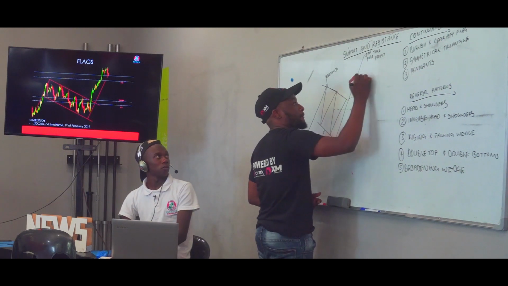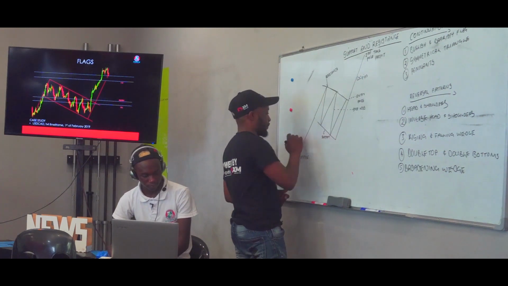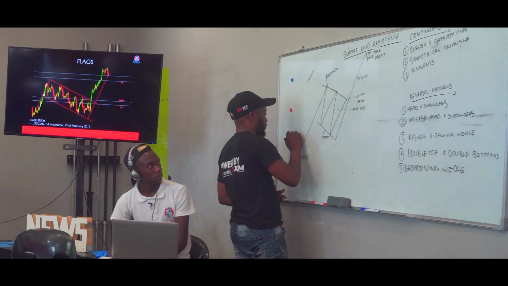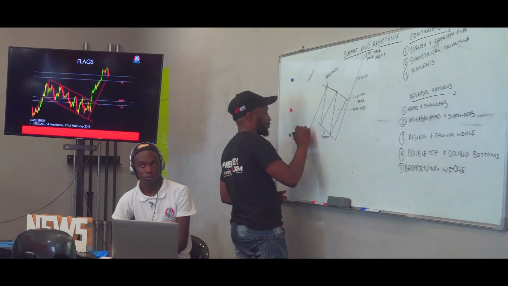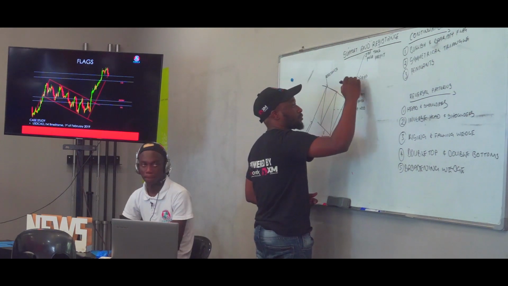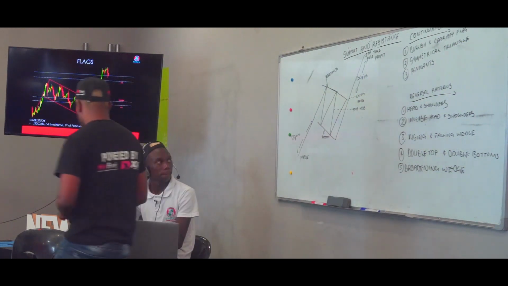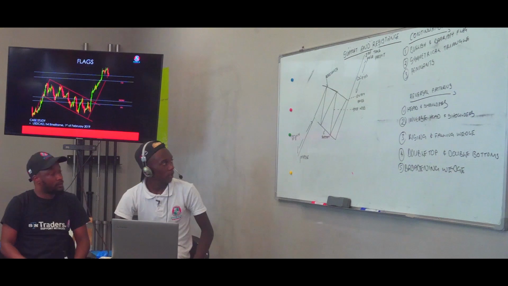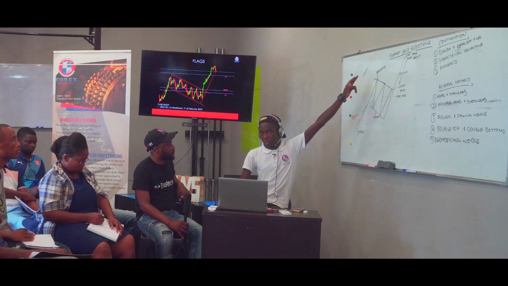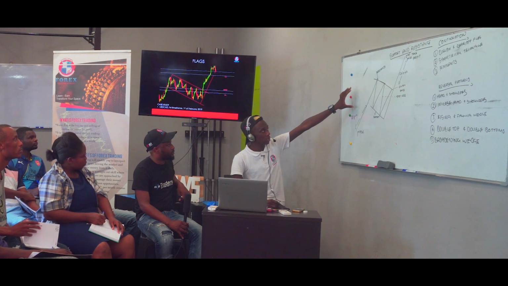So TK has drawn for us a flag on the board. Right, so as you can see, the flagpole price goes up, then it drops, goes up, down like that, forming your channel.